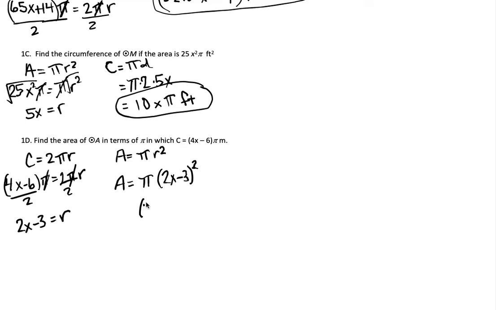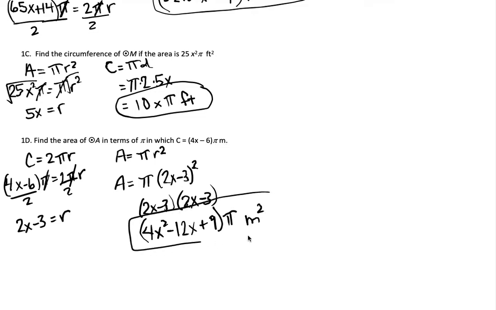So you're going to have 2x minus 3 times 2x minus 3. So you have 4x squared minus 6x minus 6x, so minus 12x plus 9. And that's going to be times pi. And the label is meters squared since it's area. So that would be your final answer.